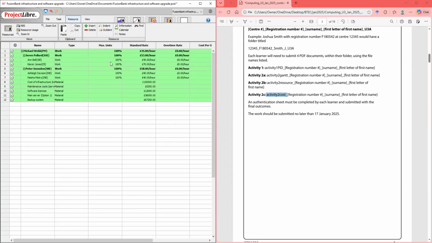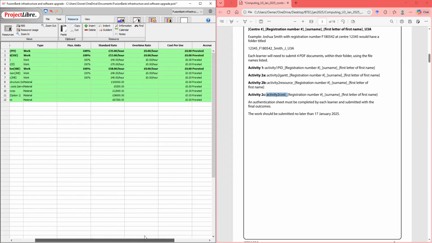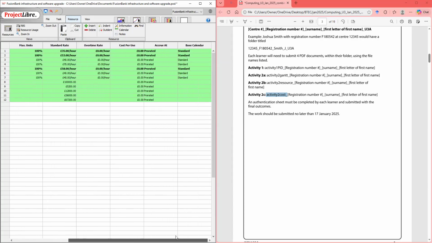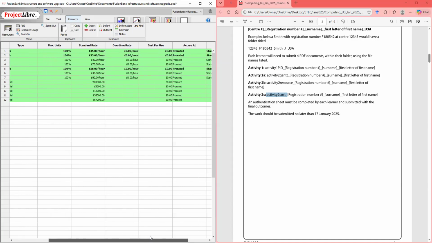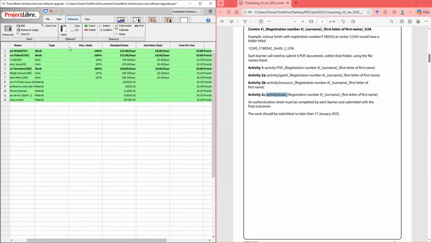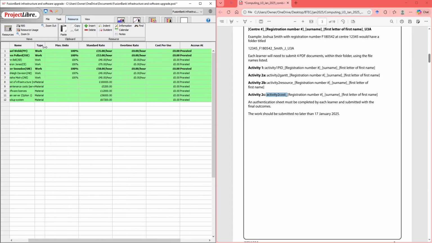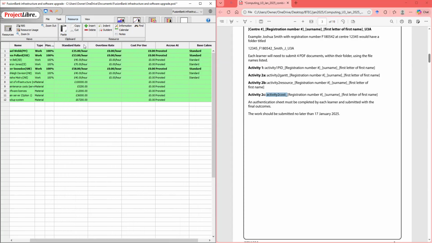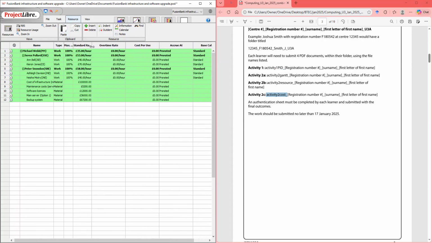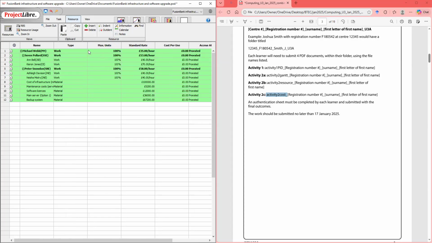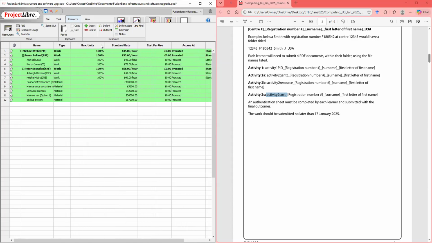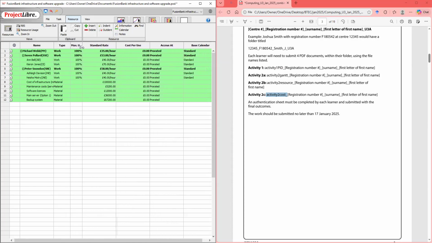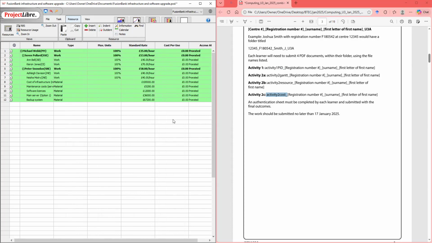We don't need group, hide that. Tighten it up. We don't need overrate, so we hide that. We don't need the base calendar, so we can hide that.